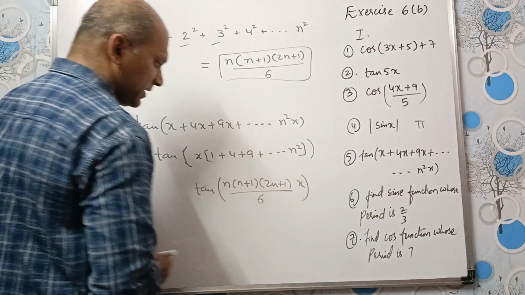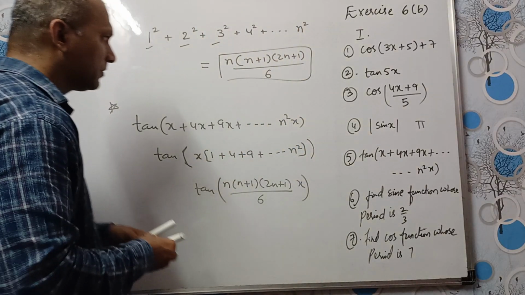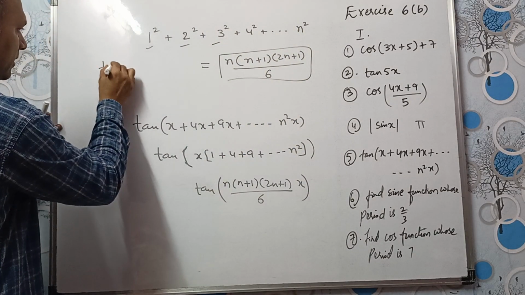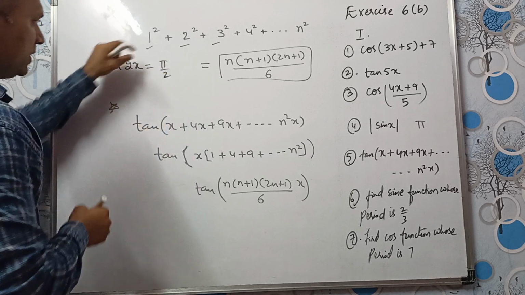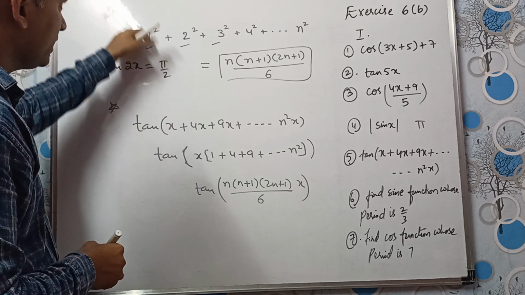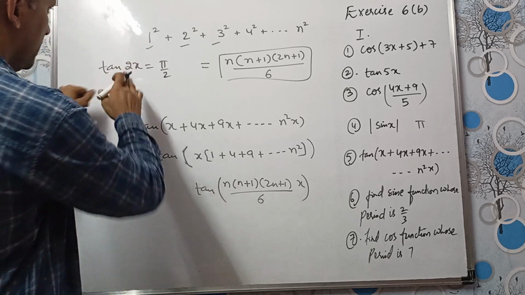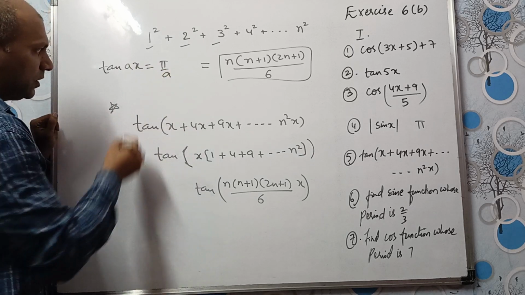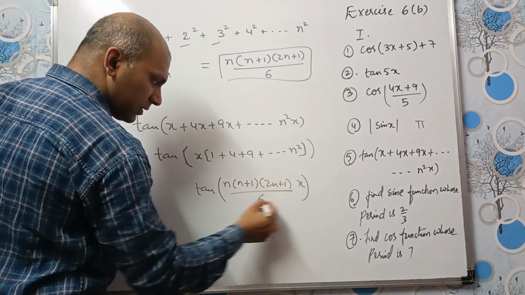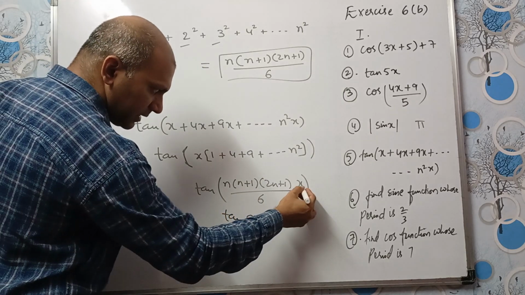Okay, like this. Now we will write this multiplied by x inside the tan. Okay, just now we have studied that for tan 2x the period is pi by 2. The general period of tan is pi, divided by this number. Like if you have a here, this will be pi by a. Now in place of a we have this. See, this is like tan ax. x is x.